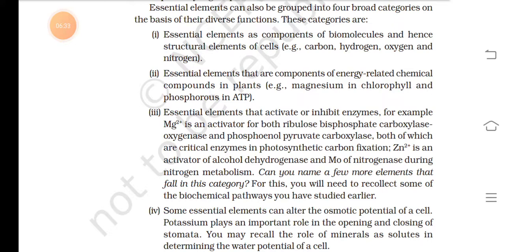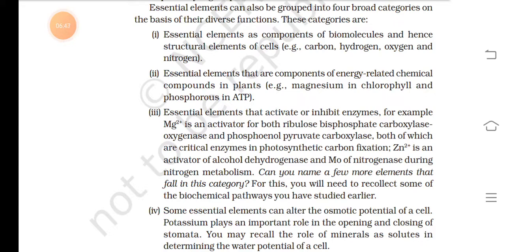Second, essential elements that are components of energy-related chemical compounds in plants. Example: magnesium in chlorophyll and phosphorus in ATP. Third, essential elements that activate or inhibit enzymes.